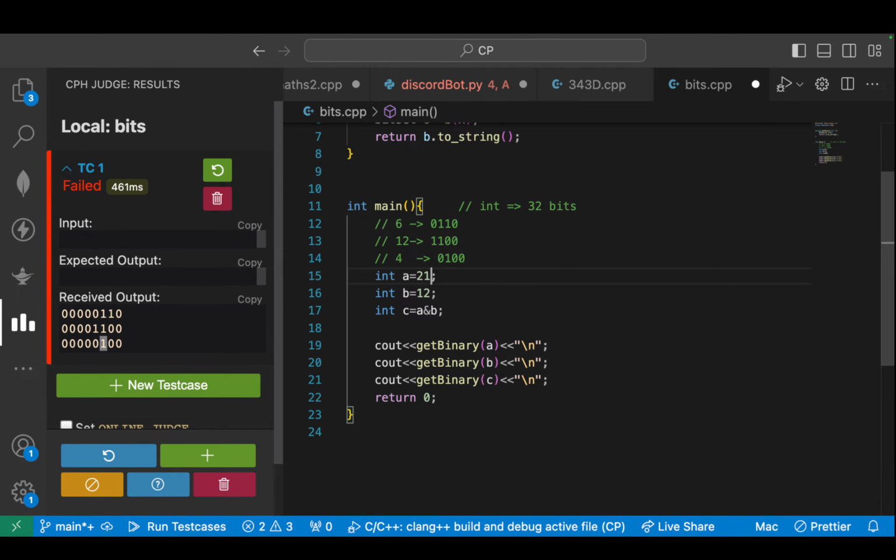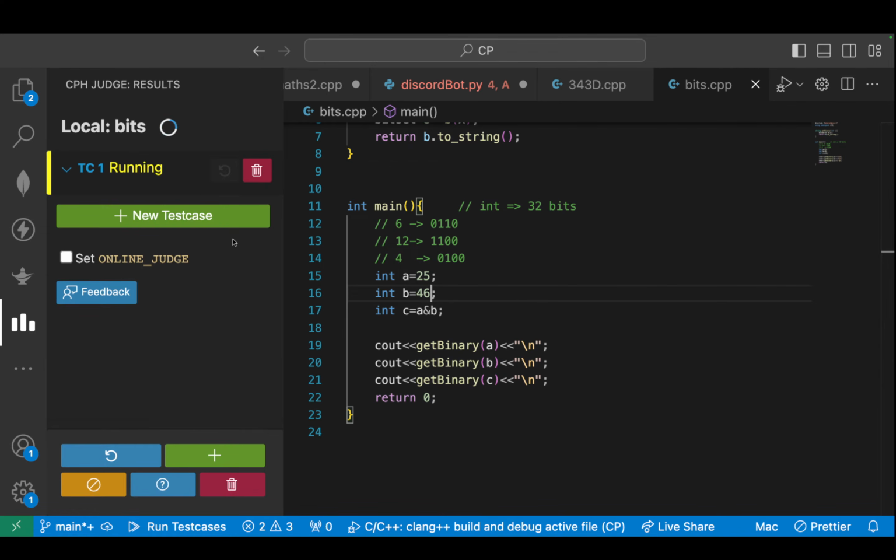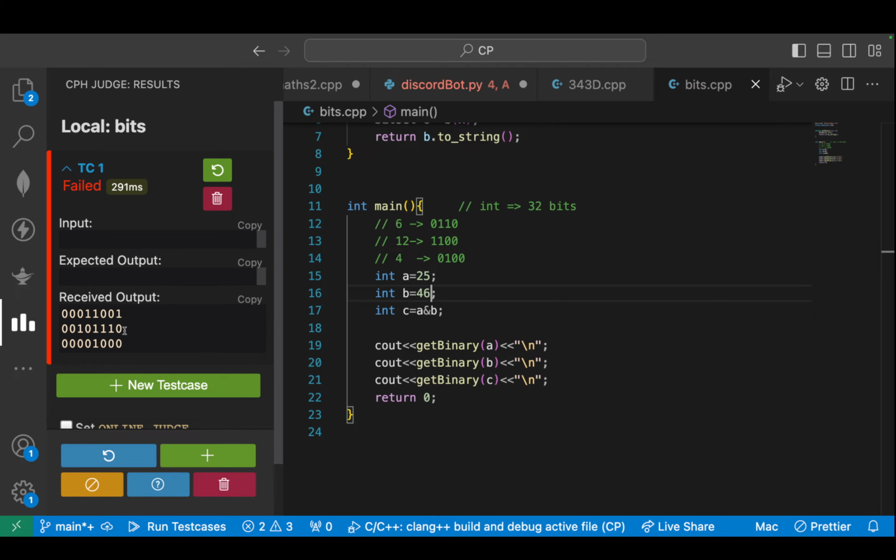I can do it with random numbers as well. Let's say we have some 25 and maybe like 46. I don't know. Let's test them out. Okay, so over here also you have some numbers, some bits are set and some aren't, but the only bit that's set in the result is the one that is set in both of these numbers. Now let's try a bit different value so that at least 2 bits are set. Let's say 27.